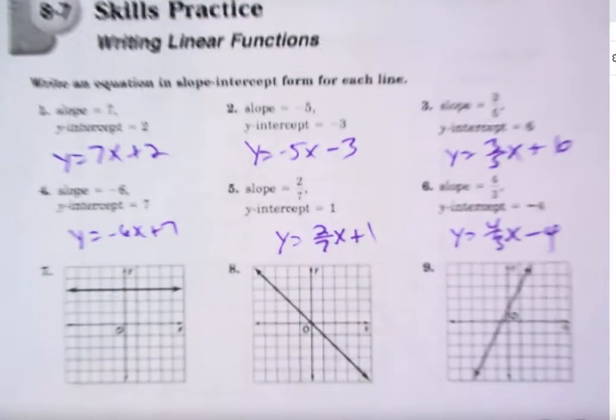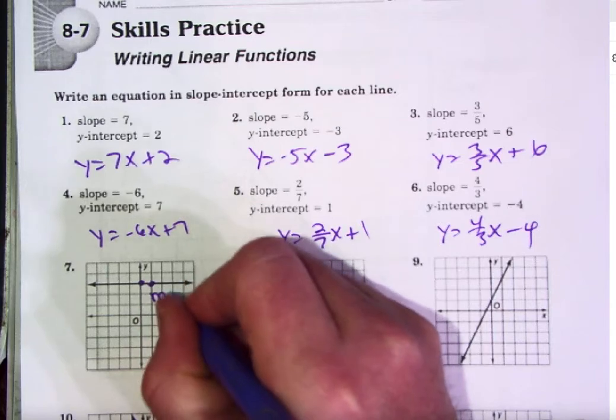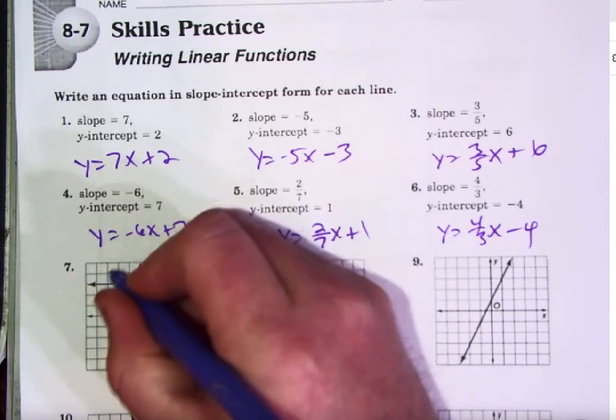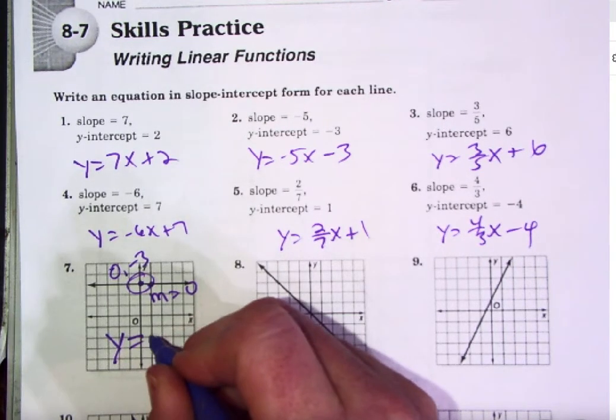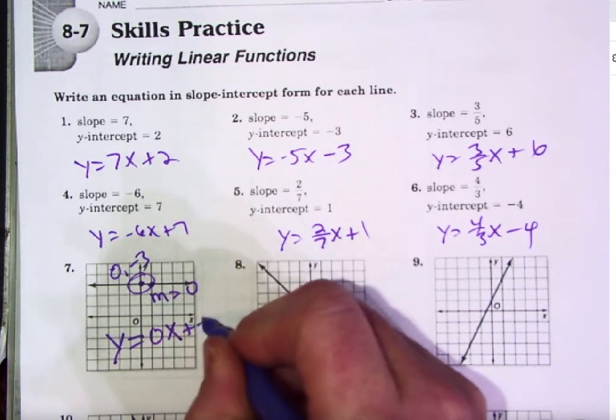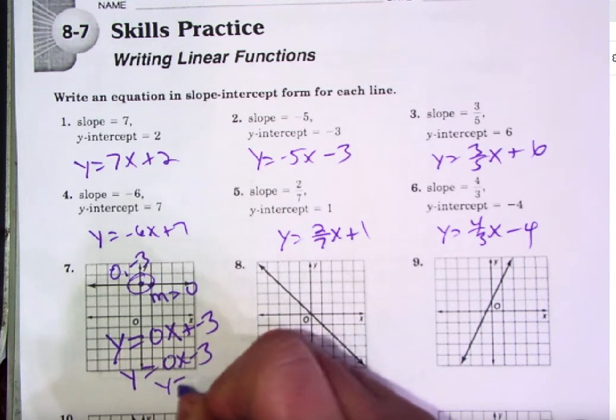There you have it. Those are easy for the first ones. For these ones you have to find the slope. I know this slope is 0, and I can see the y-intercept is at (0, -3). So the equation would be y = 0x + (-3), or y = 0x - 3, or just y = -3.